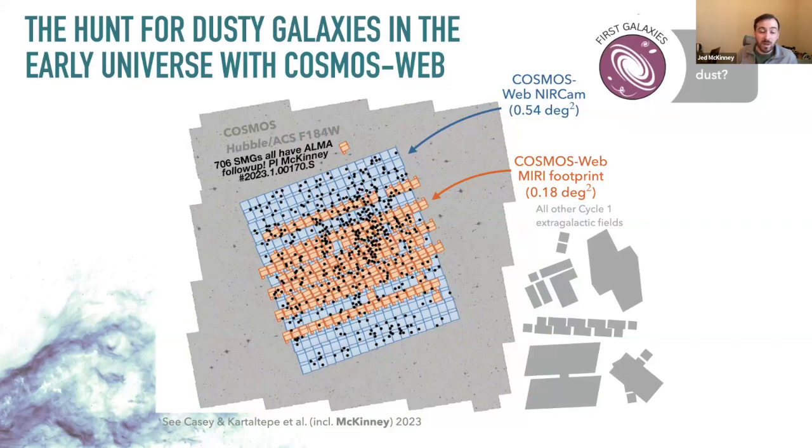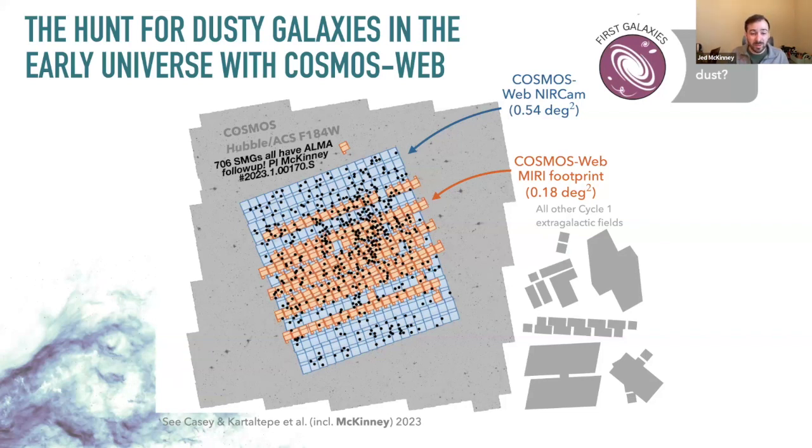Thanks to some recent ALMA data that we have, all of these galaxies are going to have high-resolution ALMA follow-up, and that's absolutely critical for associating the sources that we're finding in these JWST maps with the submillimeter data that we observe with lower-resolution single-dish ground-based telescopes.